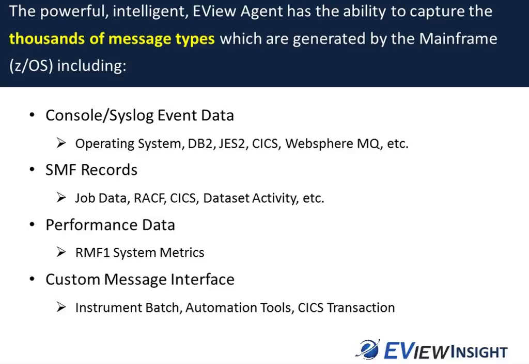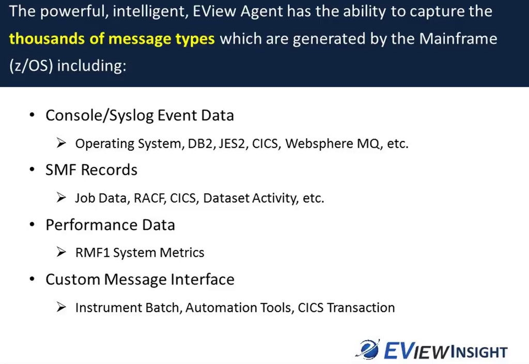And then something else that a lot of customers use, especially in z/OS environments where there are many different applications and many different tools in place, is what we call a custom message interface. It can be used to instrument batch job streams, it can be used from existing automation tools, and it could be coded inside a CICS transaction.